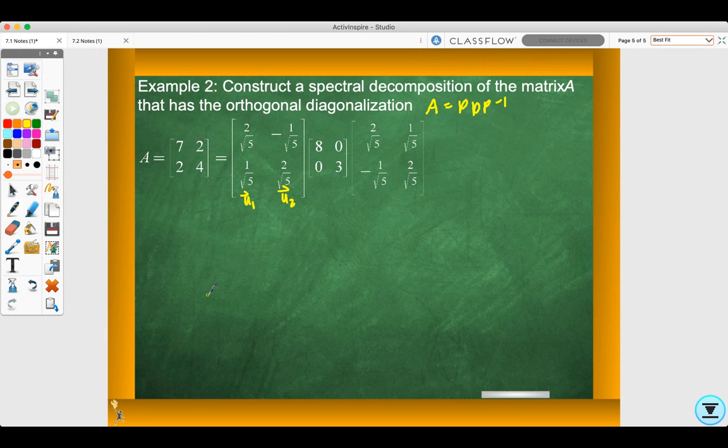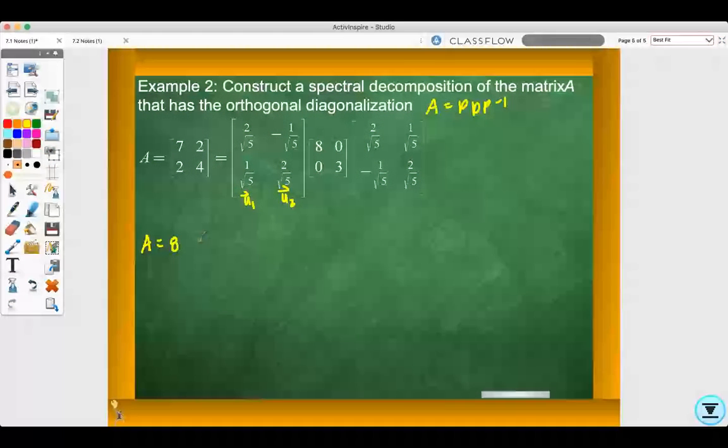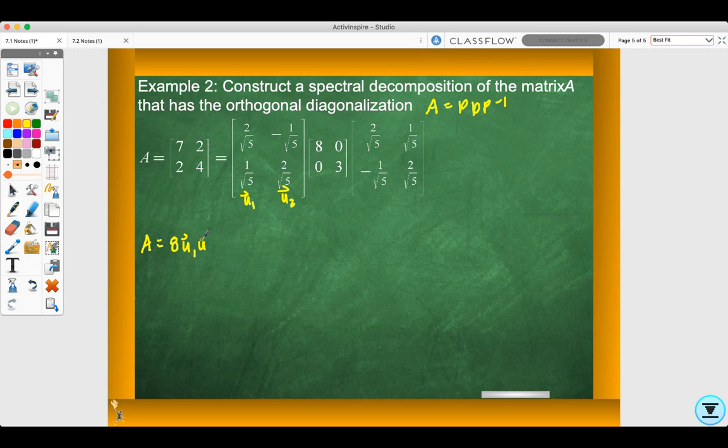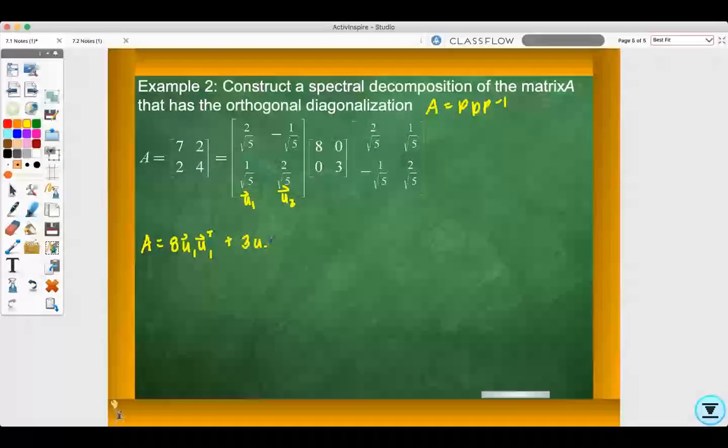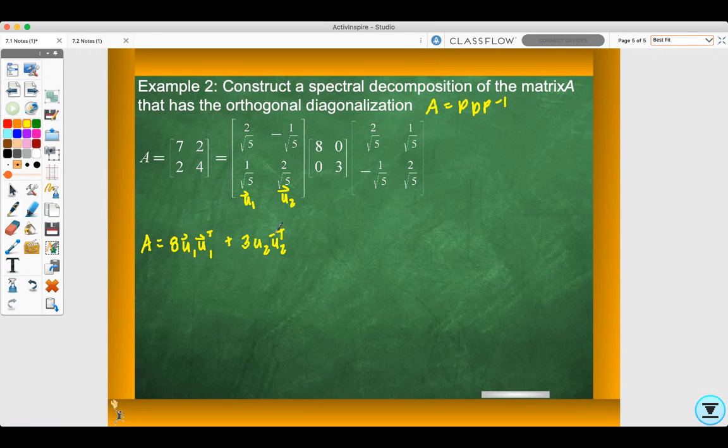Okay, so here, what we need to do is take A and solve 8 times U1 transpose plus 3 times U2 transpose. And that should give us A when we add them together.